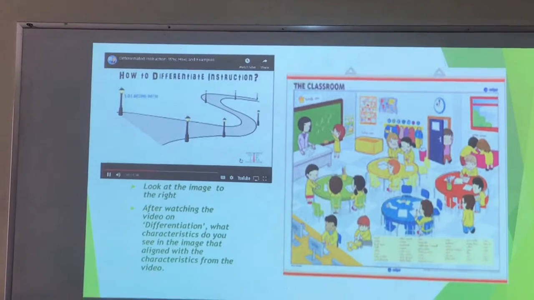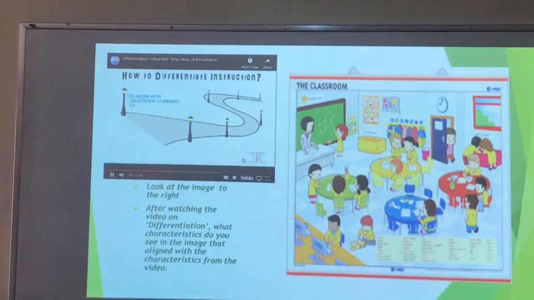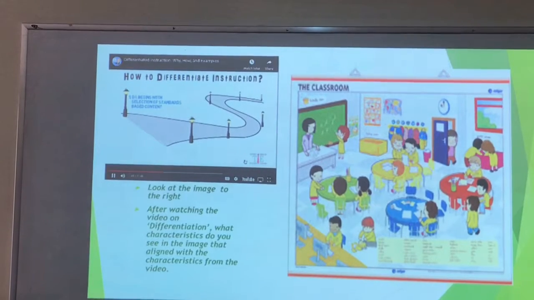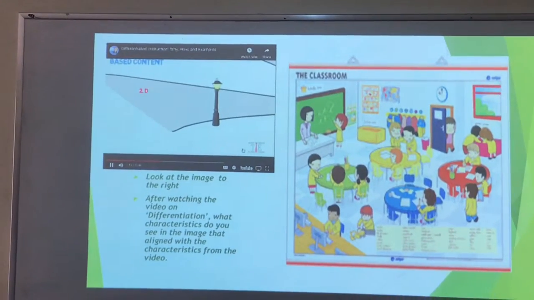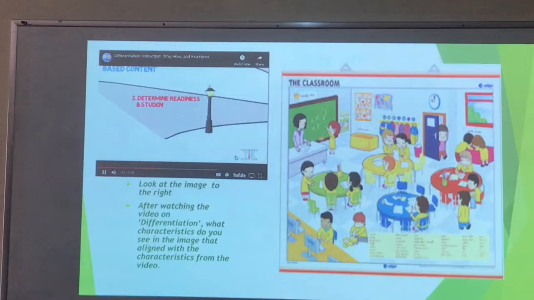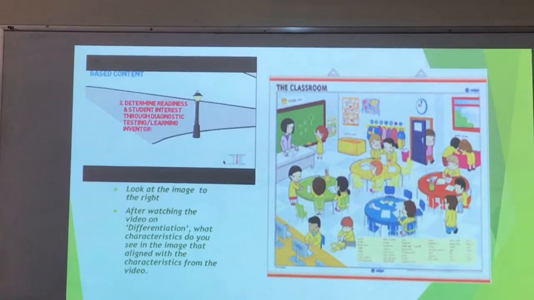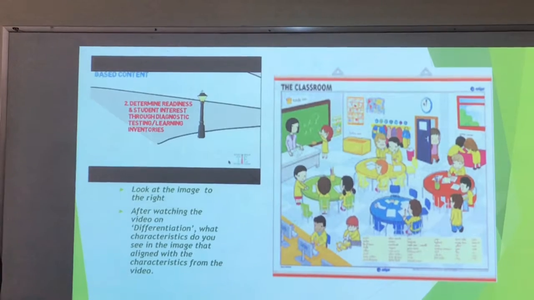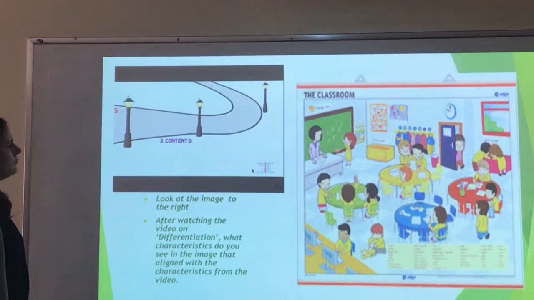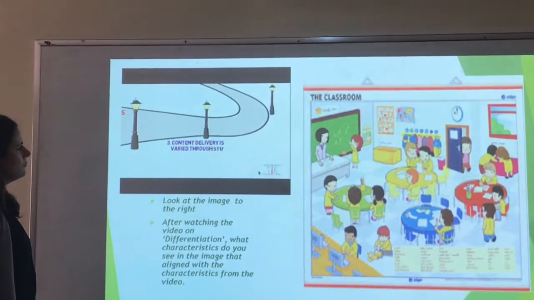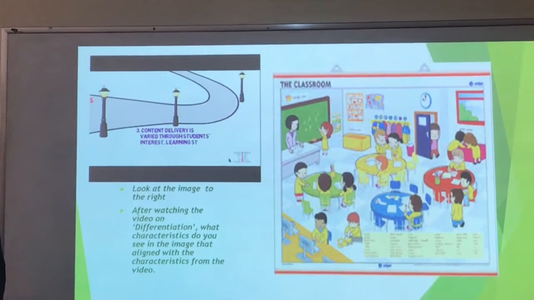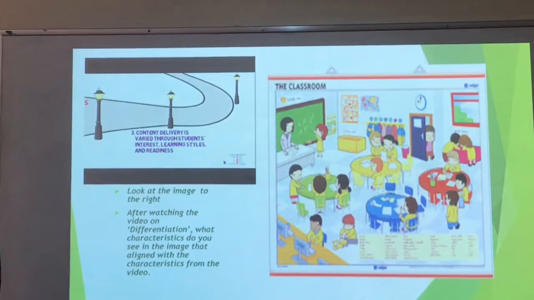First off, instruction must be standards-based. Differentiated instruction begins with selection of standards. Next up, determine readiness and student interest through diagnostic testing and learning style inventories. This takes place early on in units. Continuing, deliver varied content to students depending on their learning styles, interests, and content readiness.